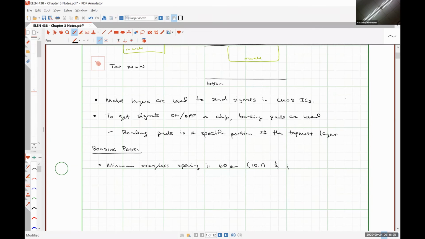The pad metal overlap of the overglass is minimum 6 microns. This is rule 10.3.